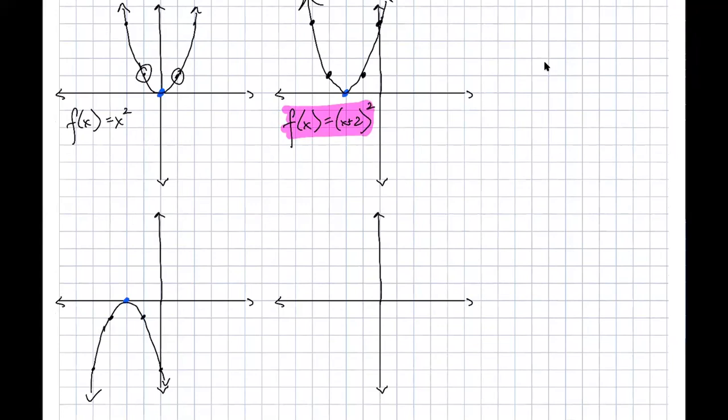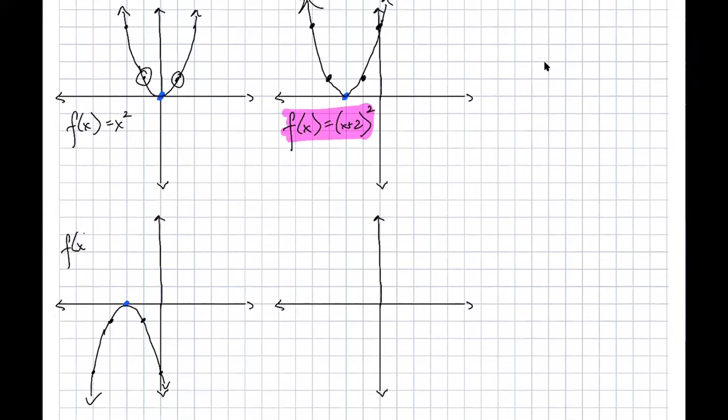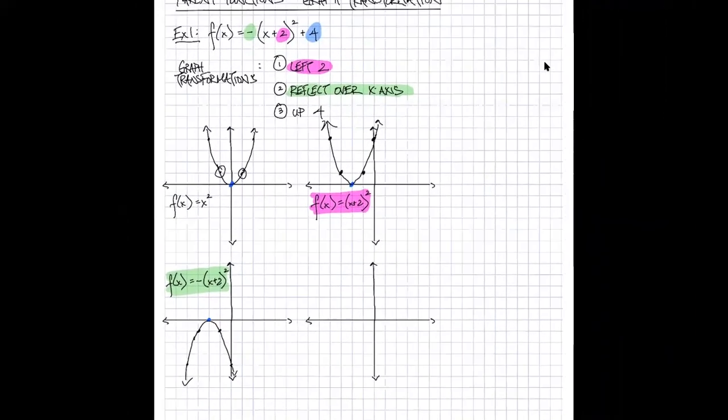And so we could write this equation as f of x equals negative x plus 2 squared. And that takes care of the second step and gives us that reflection, okay?